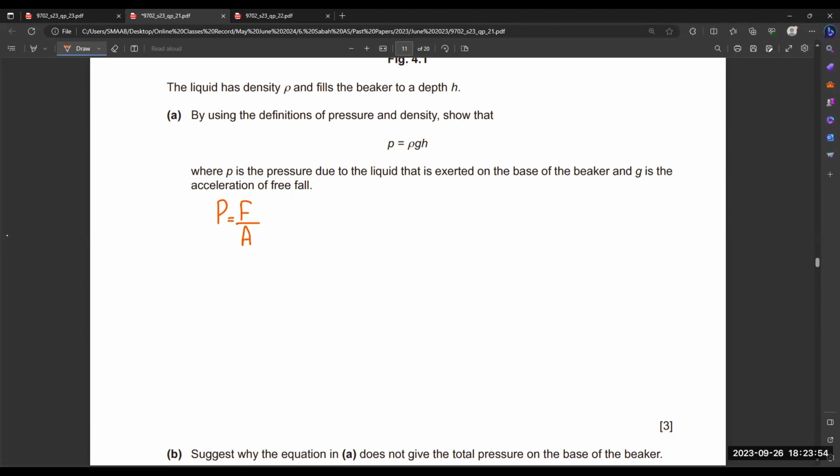we start with the concept of pressure. Pressure equals force over area. And then we know that we can also write force as work done over area, then mg over A, right?